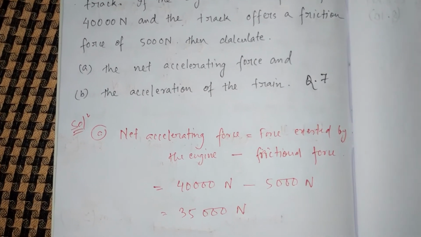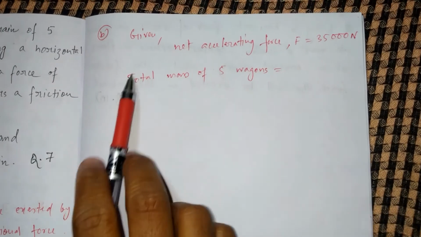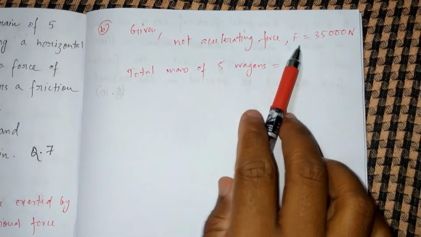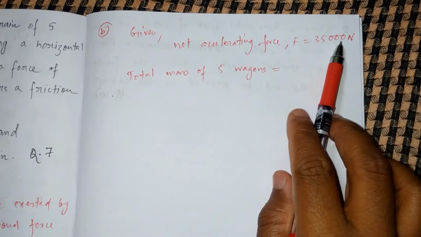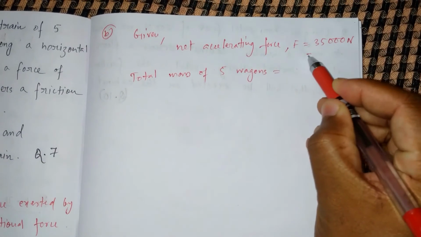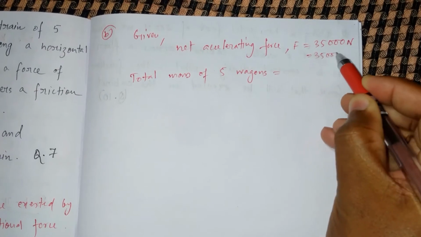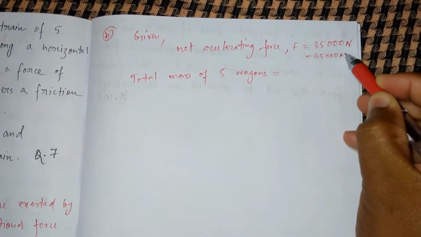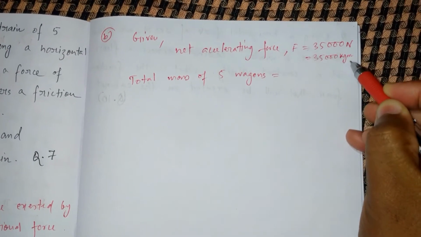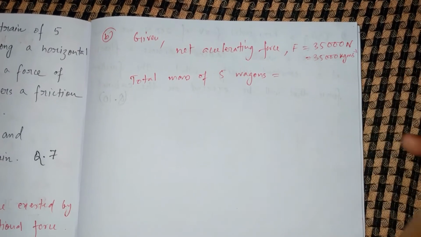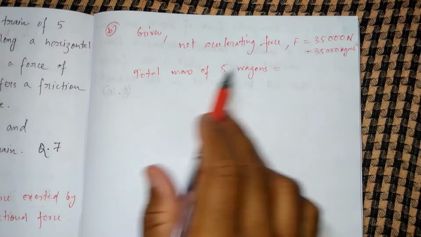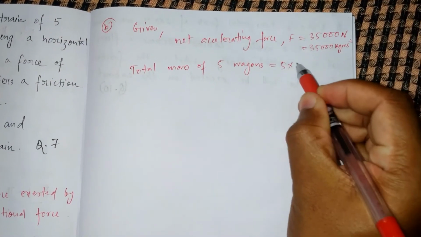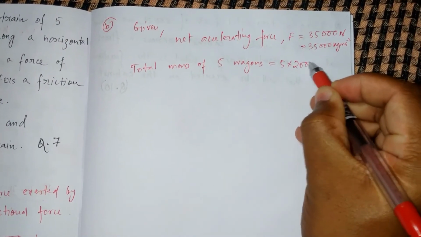So let's see. Given net accelerating force is this much, F equal to, we can say 35,000 Newton, or we can write 35,000 kilogram meter per second square. This one we can write. So then total mass of 5 wagons is 5 into how much? 2000 kg.